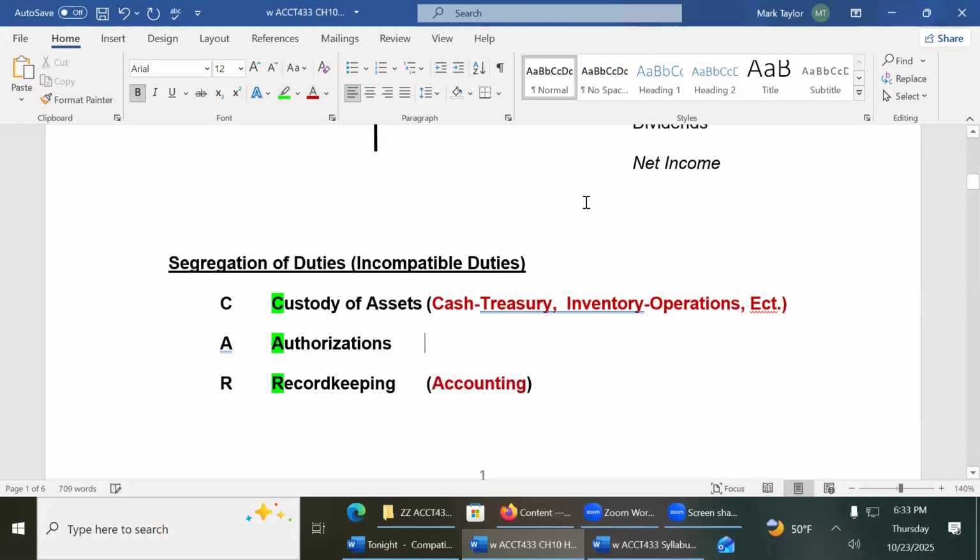Authorizations, these are approvals. So these are oftentimes managers. Purchasing.